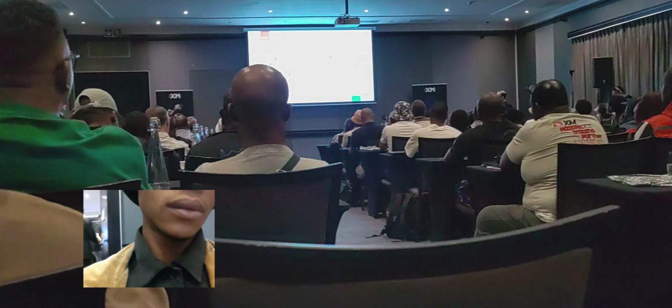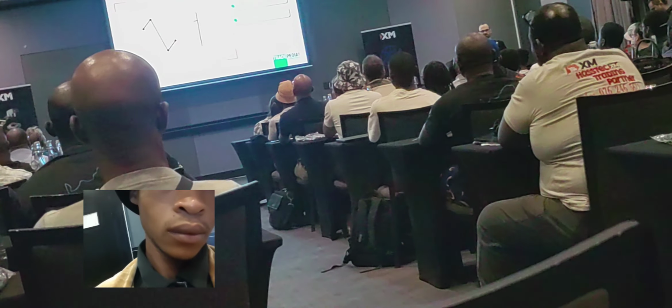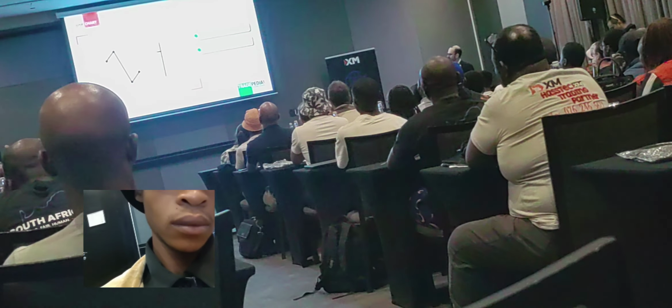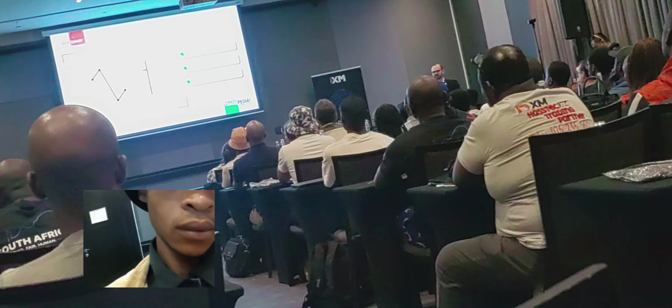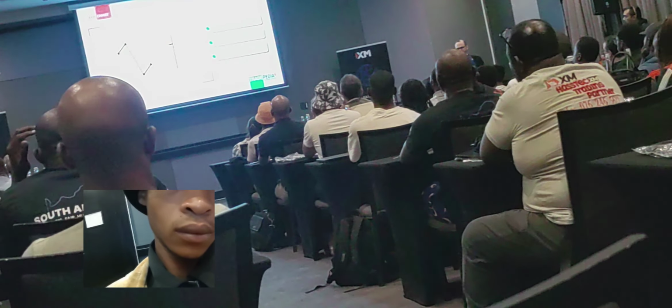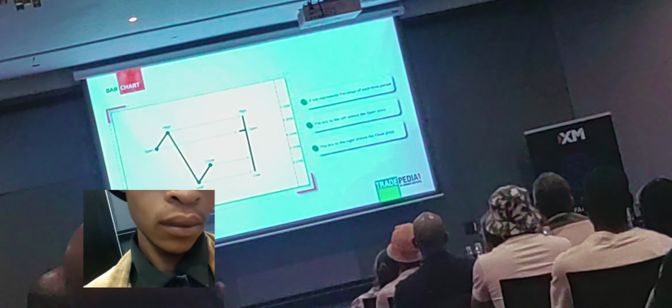So we draw a vertical line that is just showing you the high and the low. And then the tick to the left shows the opening price, and the tick to the right shows the closing price. So very easy for us to understand, but luckily it gives us a lot more information. I see the high, the low, the open, and the close. Very, very similar to our candles.